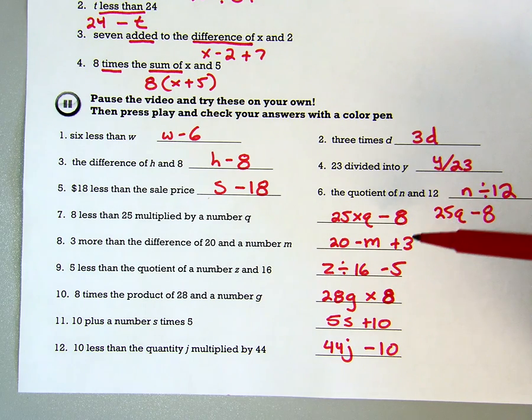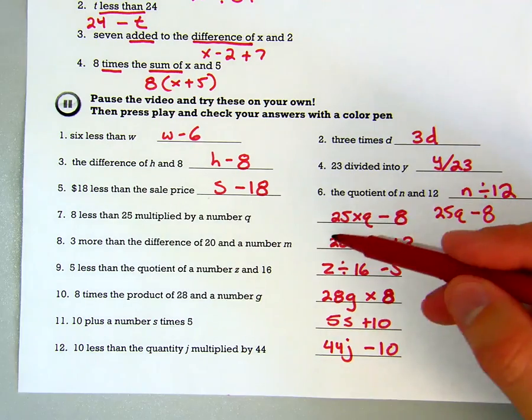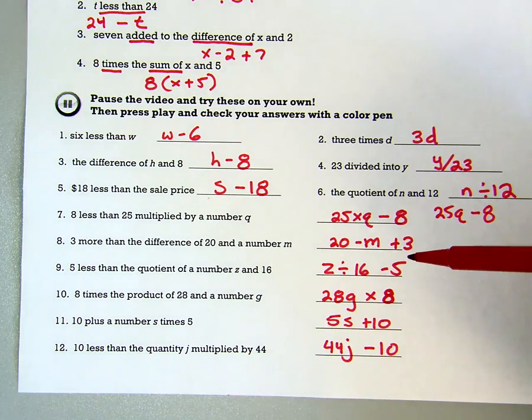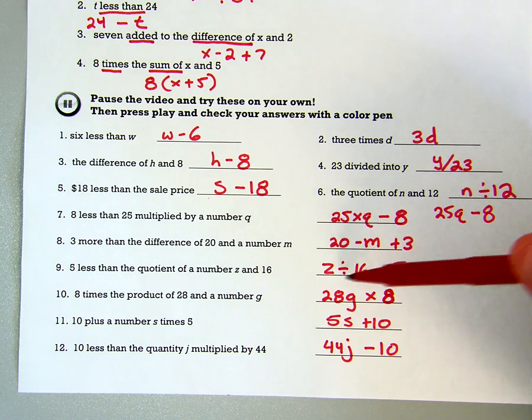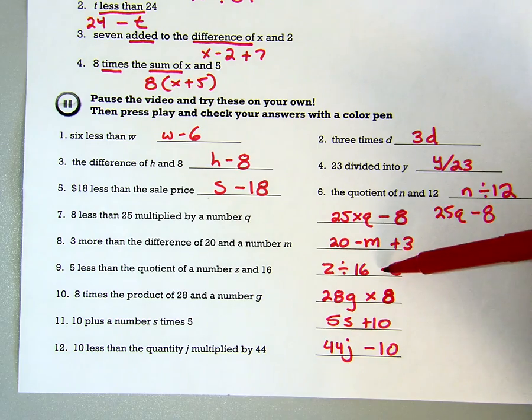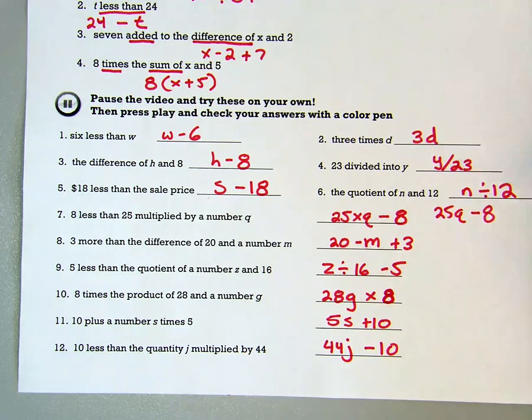So we have 20 minus m we want to do first, and then we're going to do 3 more than that. If you want to put these in parentheses, you can. Number 9, 5 less than the quotient of a number z in 16. So we have the quotient of a number z in 16, and then I'm going to do 5 less than that, so I subtract 5 at the end.